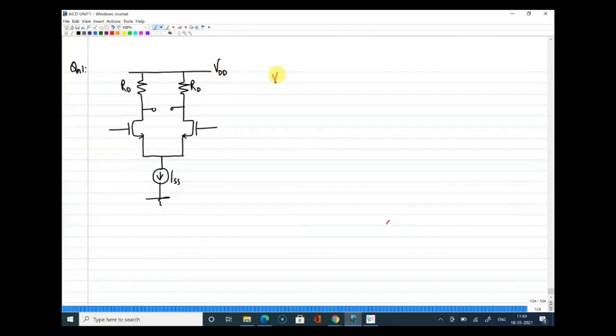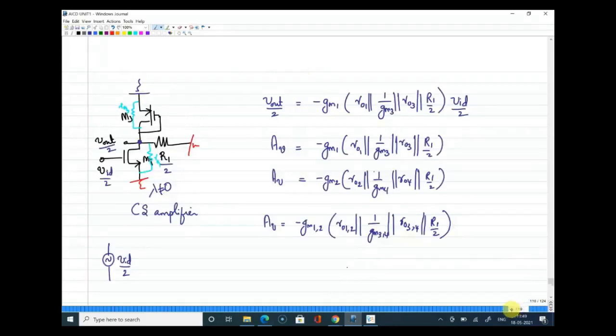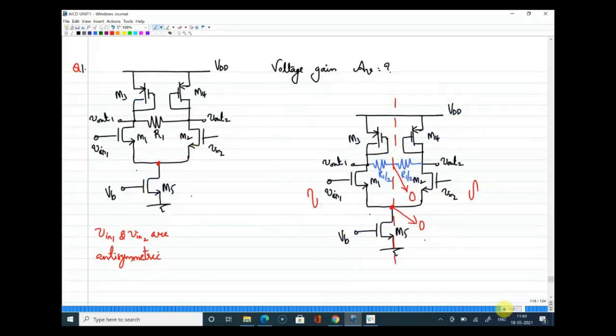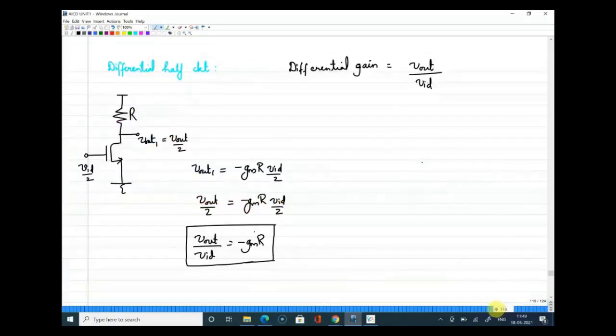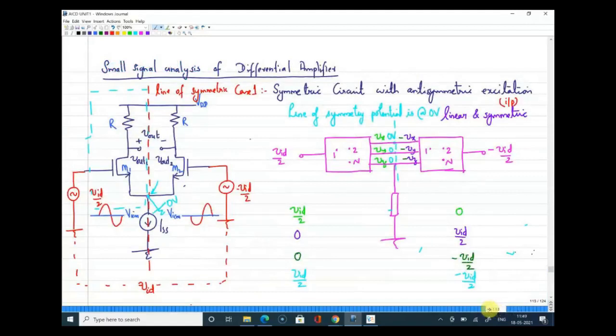So what I have taken is, we will call this VICM maximum, or I think the notation we have used is ICMR plus. Did we use it as ICMR plus in our class?